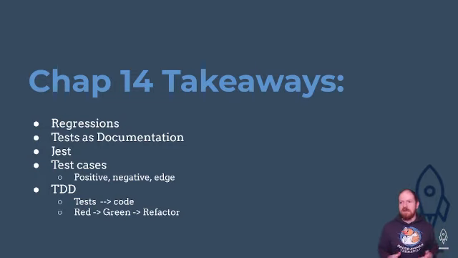That's the positive test. The negative is, well, what if they typed in something wrong? Then what should it really do? If I typed in some letters instead of numbers, I'm expecting it to actually go bad, which is the negative case. So you actually write in the test that you expect it to go bad.